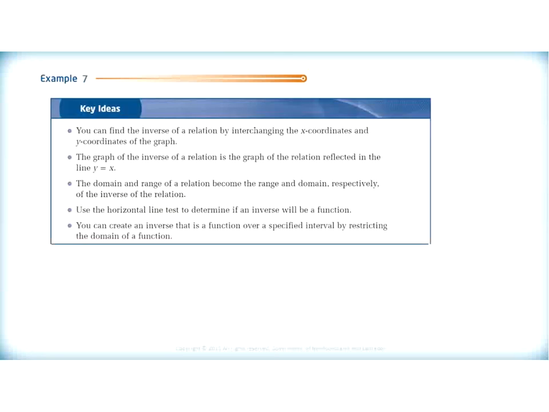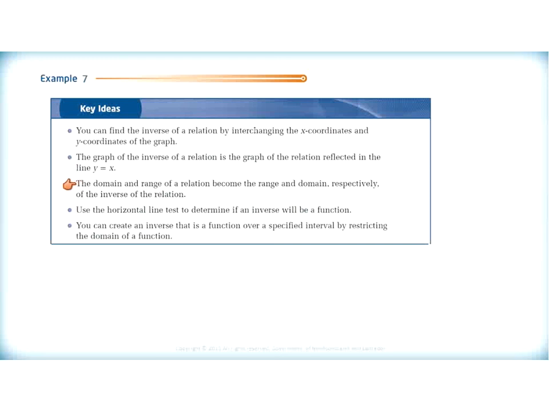Okay, that ends this particular lesson, but let's have a quick look at the key ideas here. You can find the inverse of a relation by interchanging the x-coordinates and the y-coordinates of the graph. The graph of the inverse of a relation is the graph of the relation reflected in the line y = x.